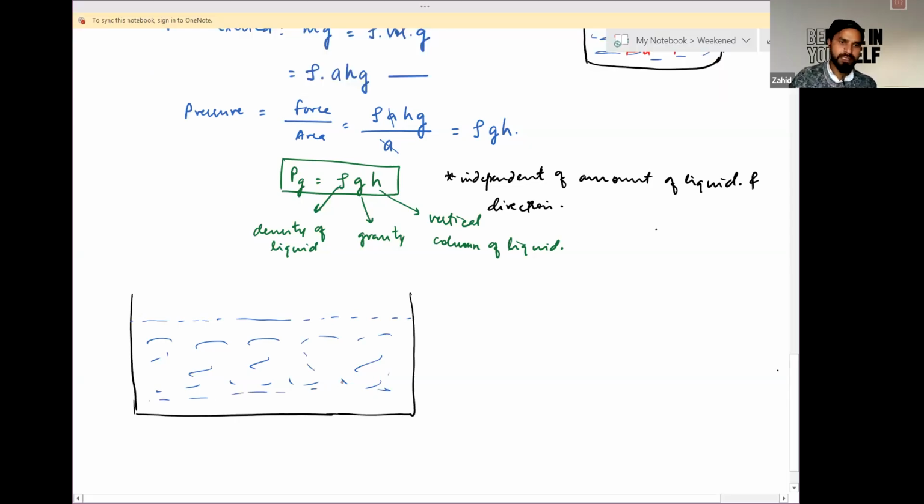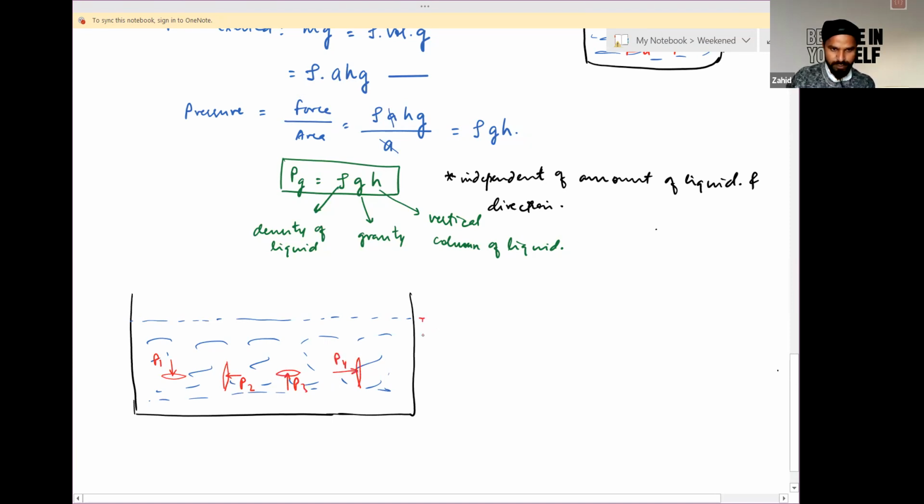At same horizontal level, I've taken a cross-sectional area along this direction, for which pressure is P1, another at this point, for which pressure is P2, another is this, pressure is P3, and another is this, pressure is P4.